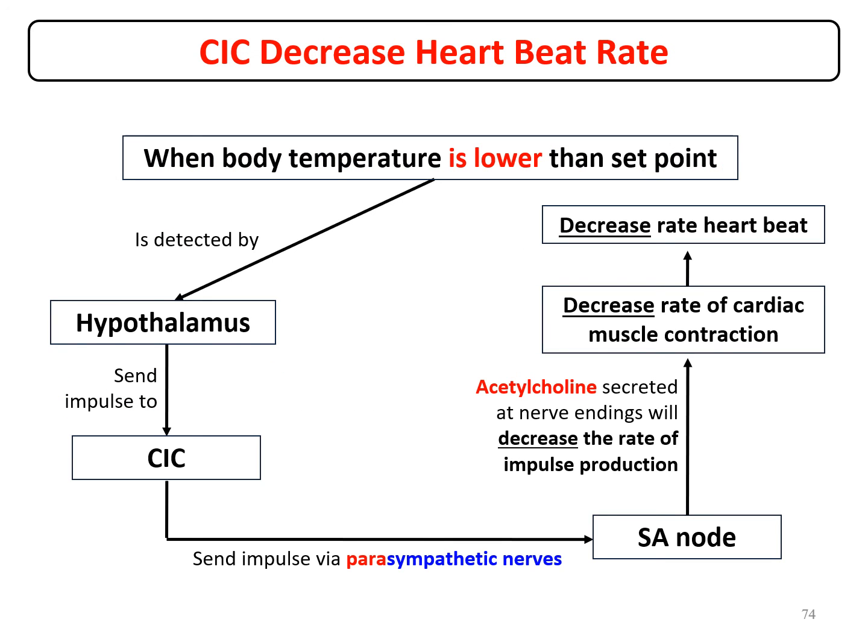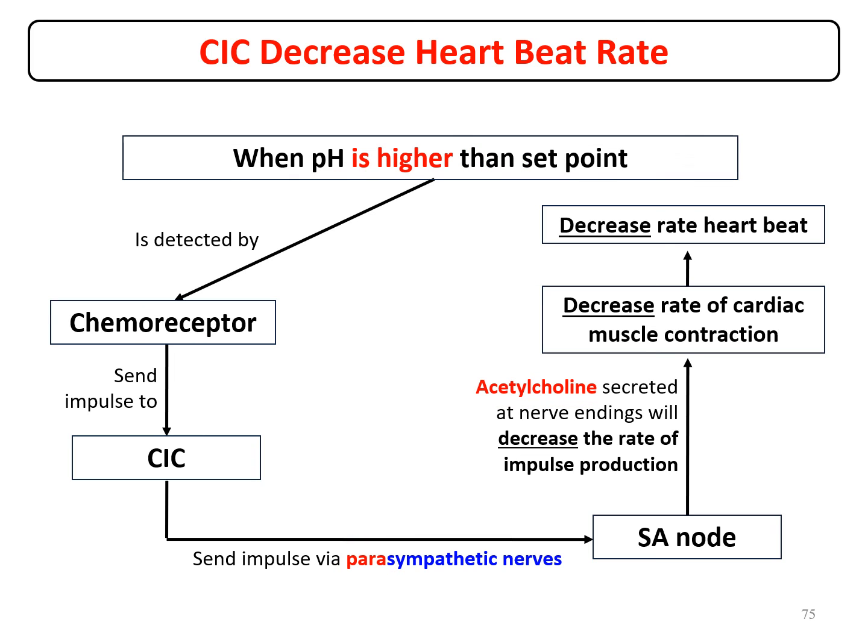For example, when body temperature is lower than normal, the hypothalamus will detect the change, then send an impulse to the CIC. The CIC will send an impulse via the parasympathetic nerve to the SA node. Then the presence of acetylcholine will cause the SA node to decrease the rate of cardiac muscle contraction.